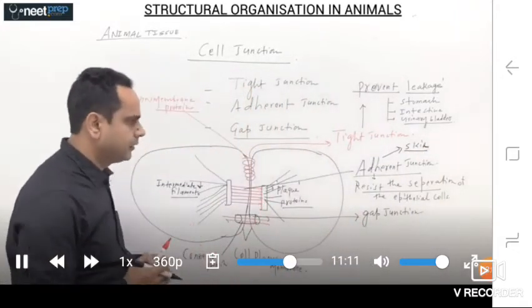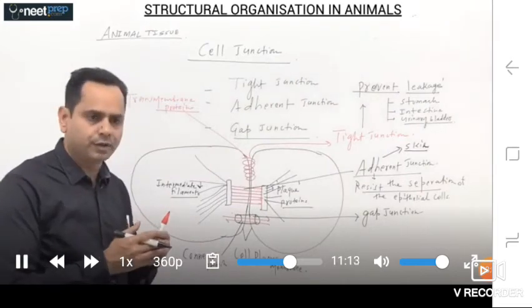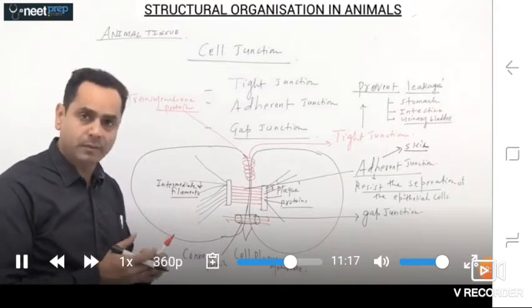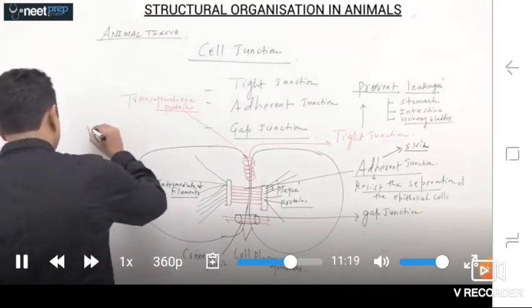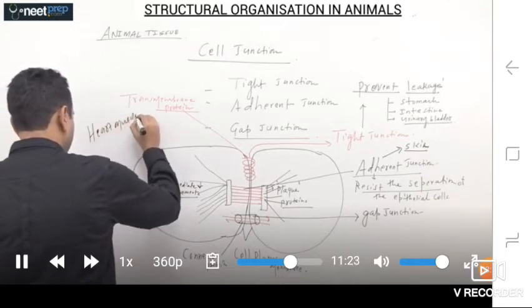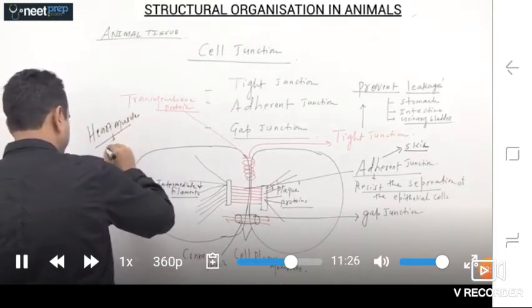Similar kinds of attachment junctions or binding junctions are also present in heart muscle. And remember, here we use the term desmosomes.